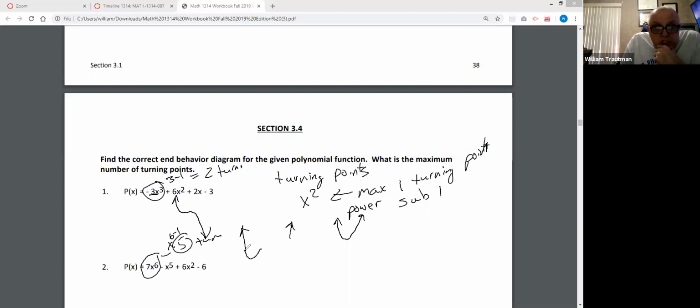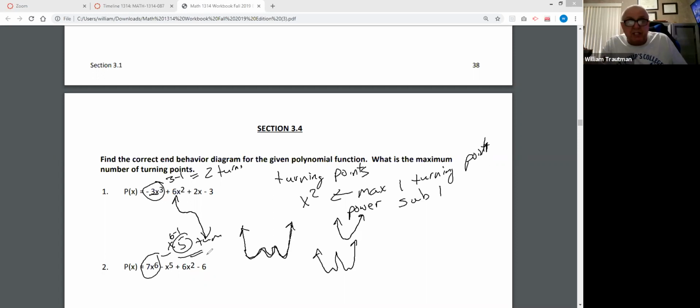It turns once, 2, 3, 4, 5. You see 5 turning points. And it doesn't have to turn like that. It could turn like this. But it's a maximum of 5 turning points.